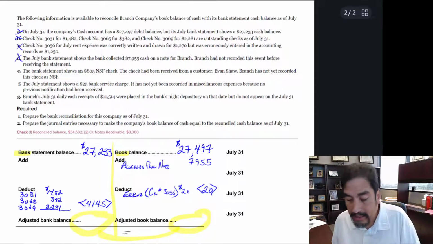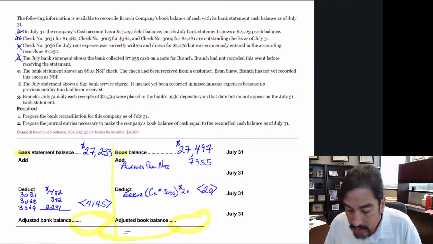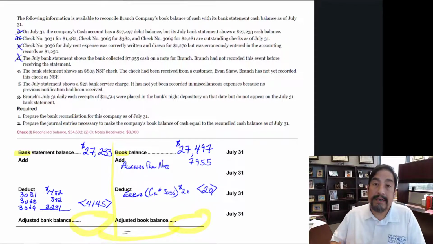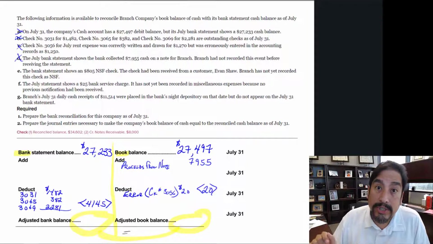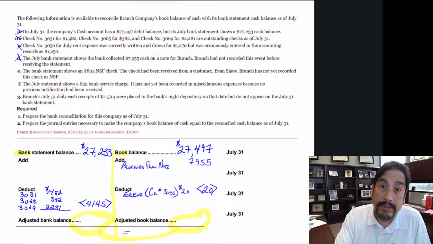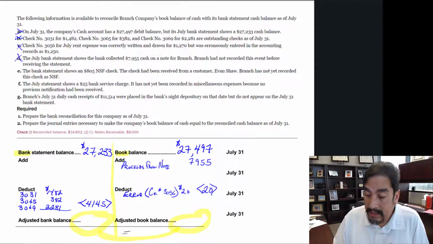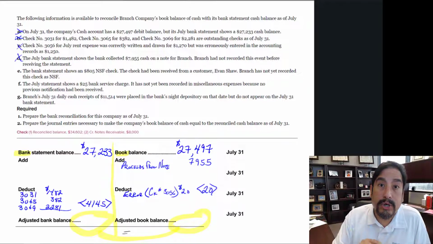Next, we've got bank statement shows $805 NSF check. The check had been received from a customer. The branch has not yet recorded this. So the NSF check means last month a customer wrote us a check for $805. We took the check and put it into our deposit with other checks. The bank showed it as a deposit into our bank account with all the other checks that we deposited.